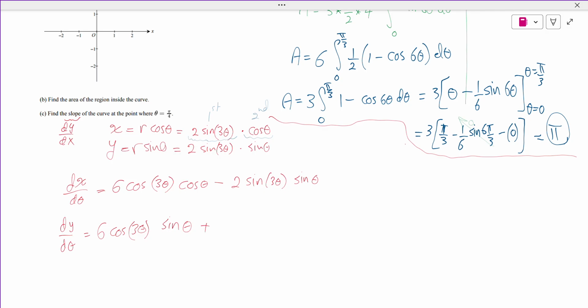Plus leave the first, which is 2 sine of 3 theta, differentiate the second, which is cos of theta. So these are the 2 derivatives, dx over d theta and dy over d theta.